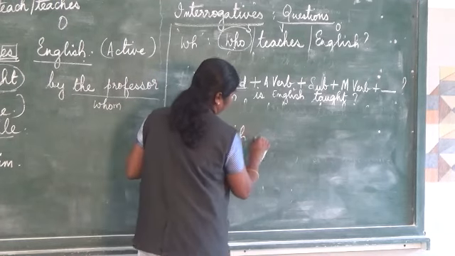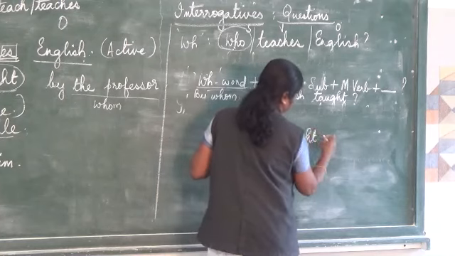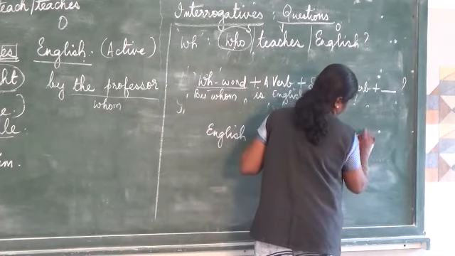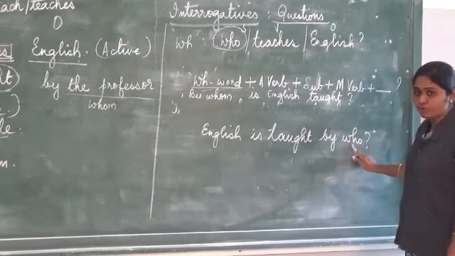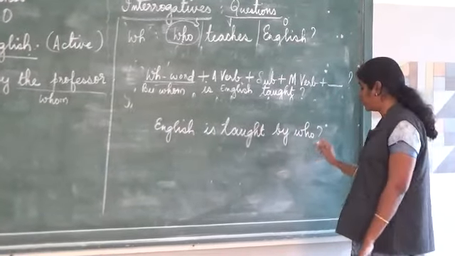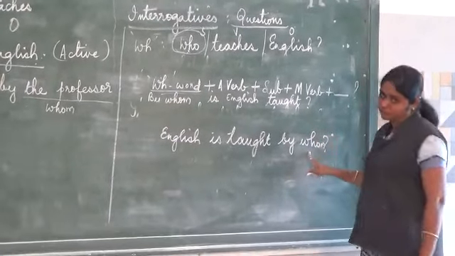English is taught by who. This is how we got. But this who, no, it is there in the object position. So we should not write it as who. It becomes whom when it comes to the object position.